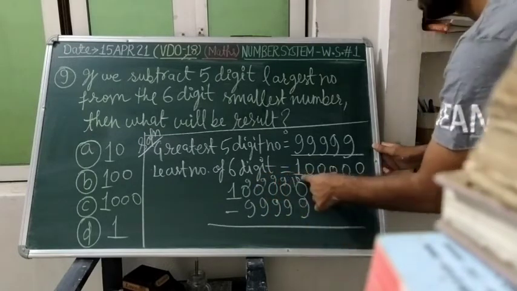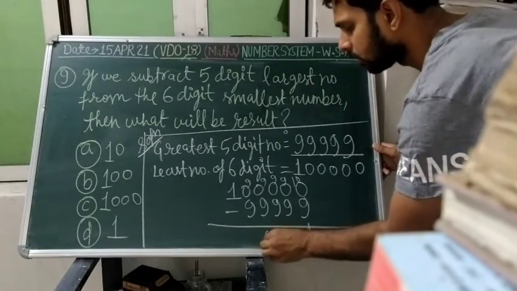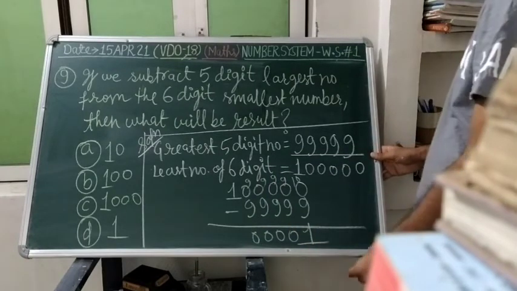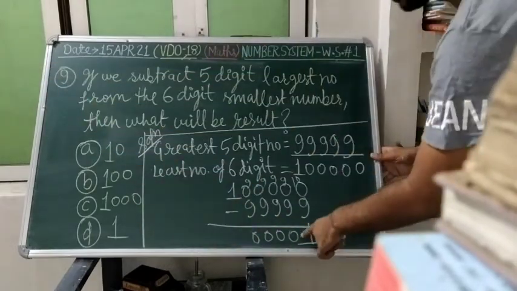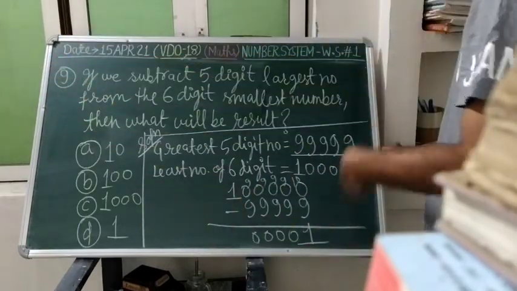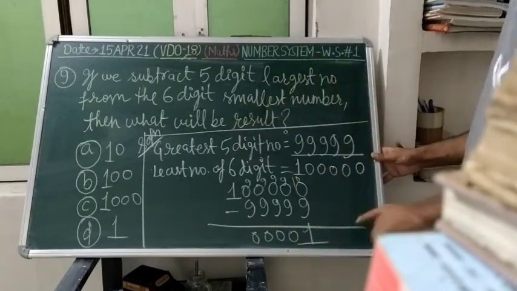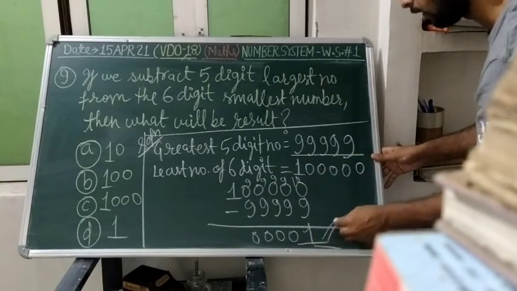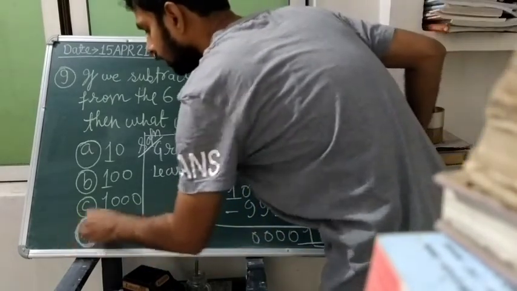Here it becomes 10. 10 minus 9 is 1. And 9 9 0 0 0 0 will come. If you write 0 on the left side of any number, there is no meaning. The meaning of 0 comes only when you write it on the right side. So it is nothing but our 1.